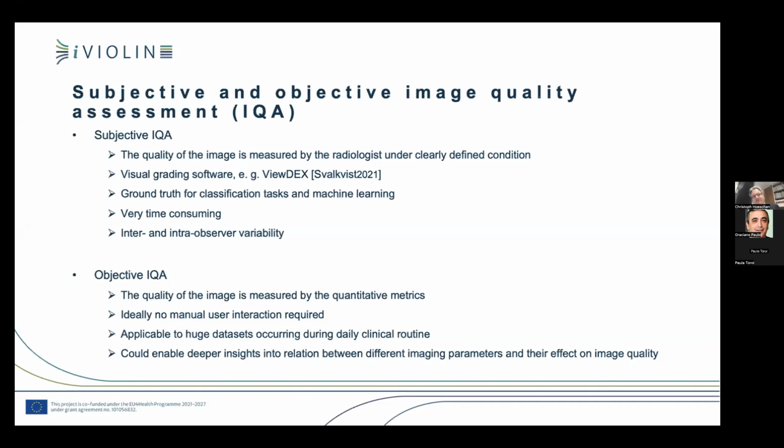The problem is that, depending on the number of images and the questions you have, you typically need 5 to 7 radiologists reading hundreds of images for some comparison. So this is very time consuming, and you still have large inter- and intra-observer variability, which makes results uncertain.